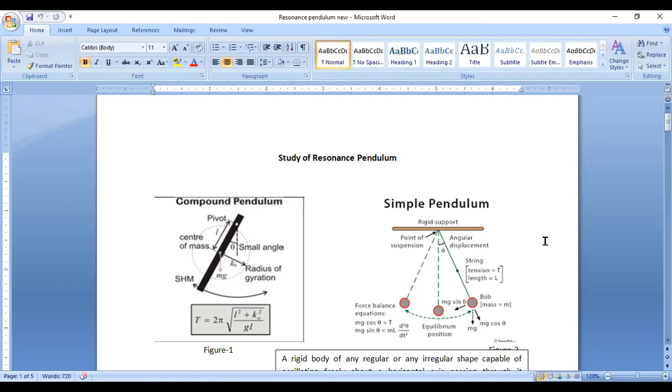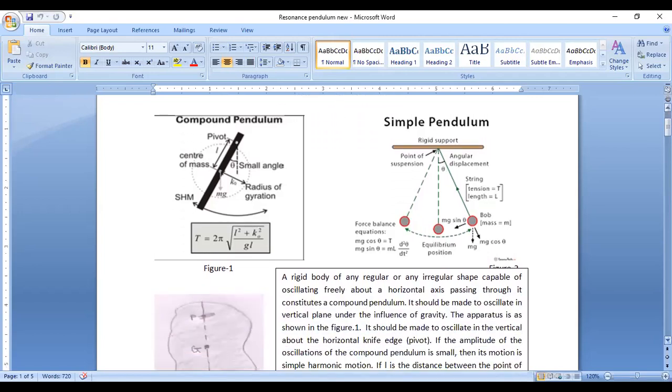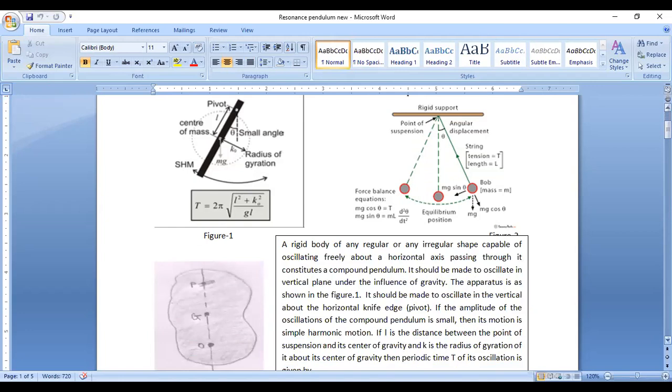A compound pendulum is basically a rigid body of either a regular or an irregular shape, which is capable of oscillating in a vertical plane about an axis passing through it.